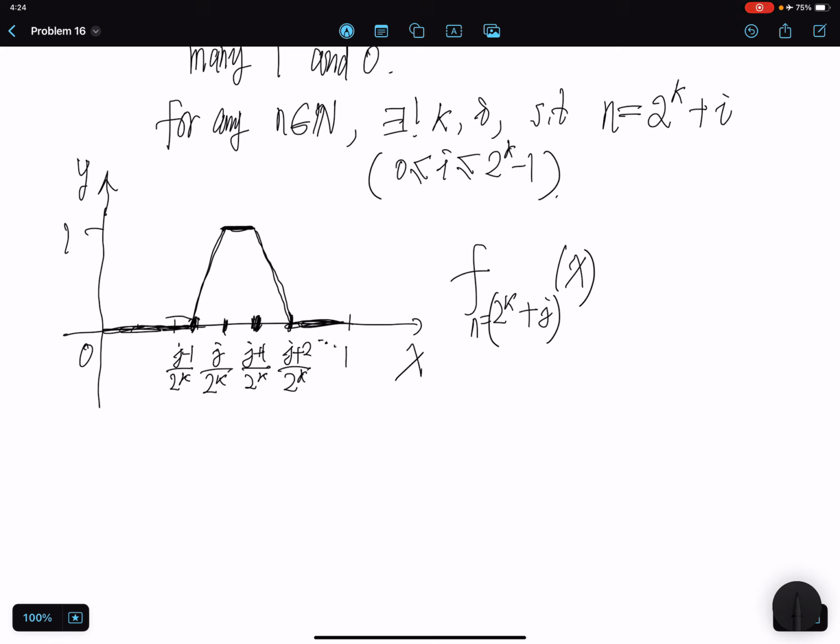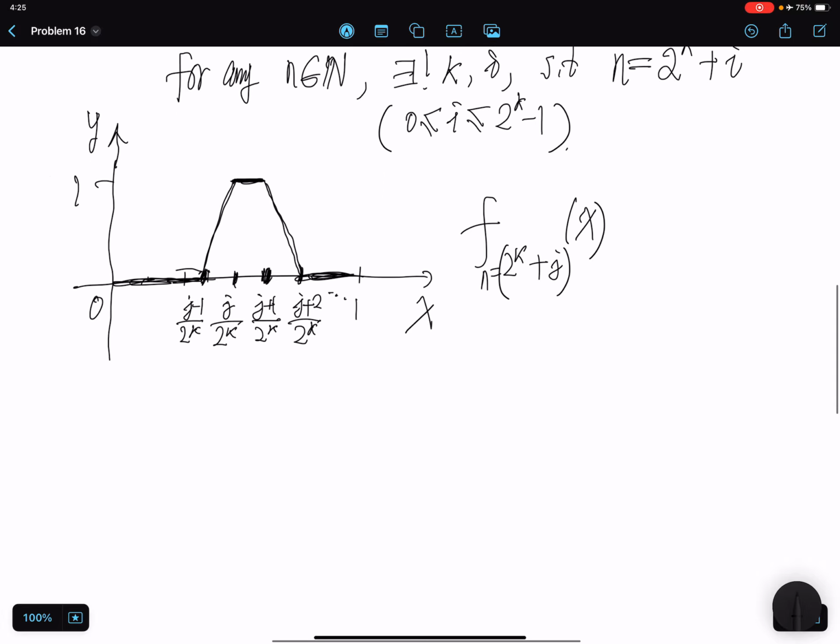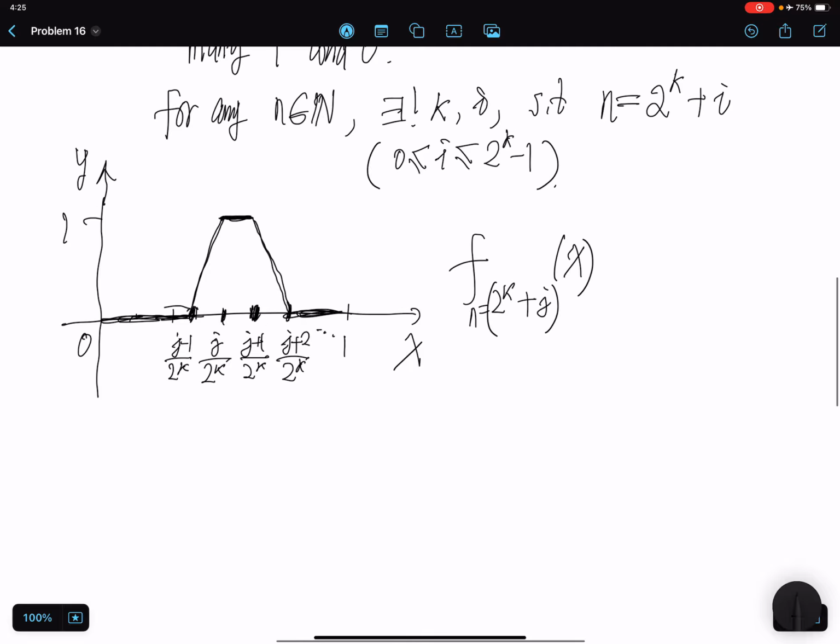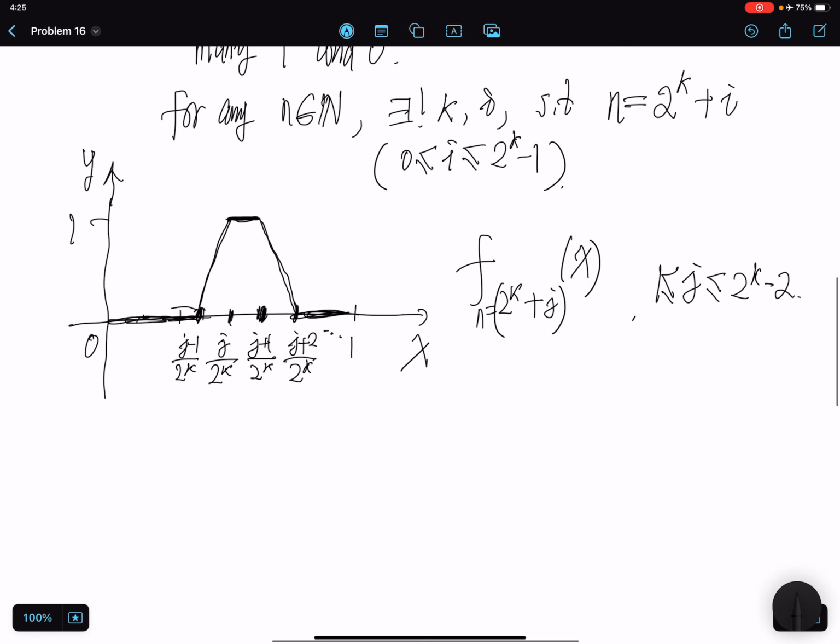I'm not going to write it down because you can make it in closed form, but from the picture it's easy to see what kind of f sub n it is. Of course, j goes from 1 to 2 to the k minus 2.